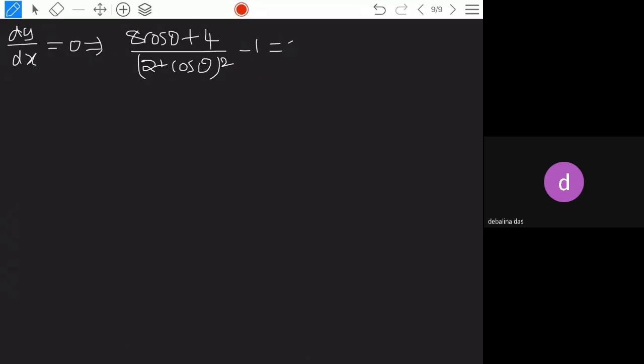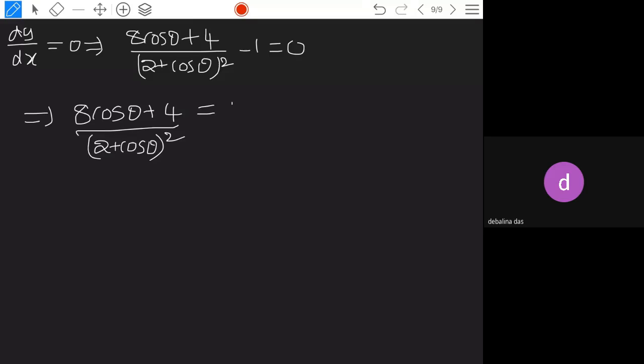Isn't it? So from this you take the 1 to the right hand side, and the problem is lengthy. 8 cos theta plus 4 by 2 plus cos theta whole square is equal to 1.